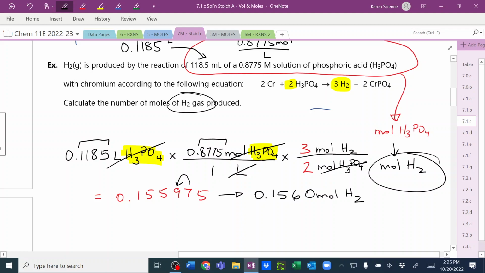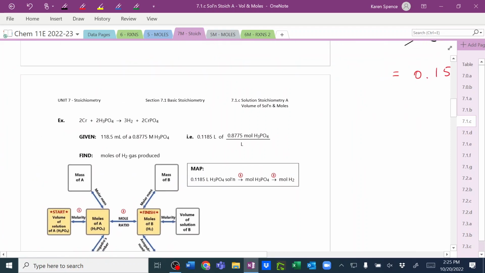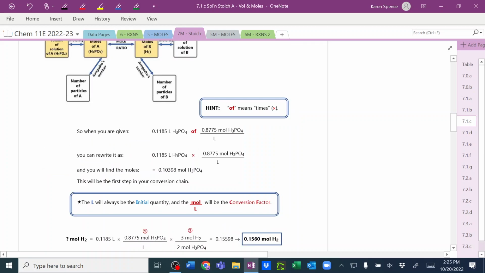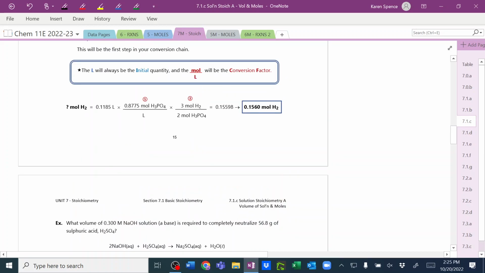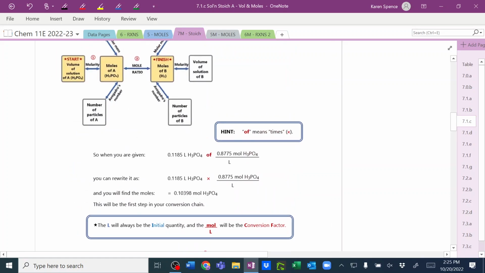Is that good? Okay. Would you like me to do another example with you, or do you want to do the next one on your own? On your own? Excellent. Once you're done that, you can just keep working on these, and then when we've had a little break on that, we'll move on to the next one.